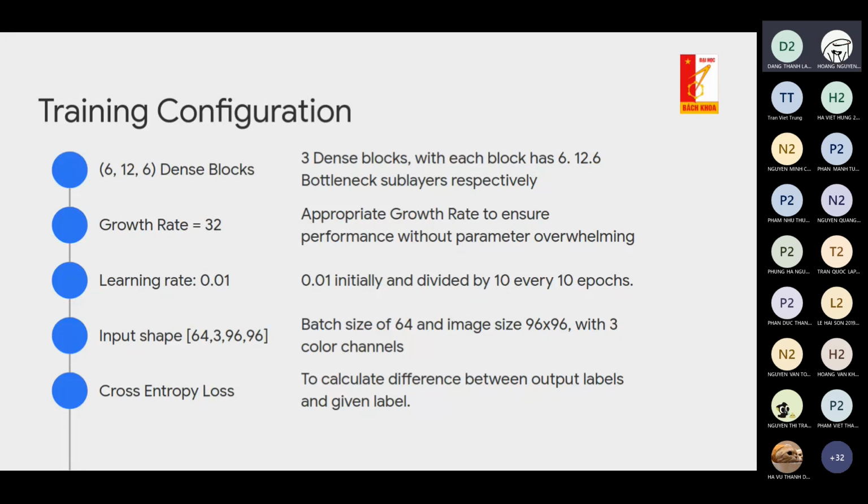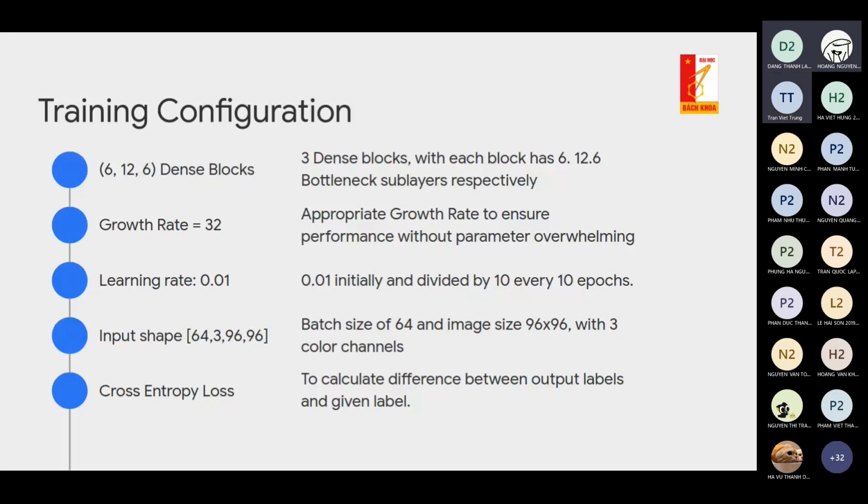The growth rate here is, like we said before, each dense block has 6 bottleneck sublayers in this mini structure. Do you remember? Each dense block has 6 bottlenecks here.